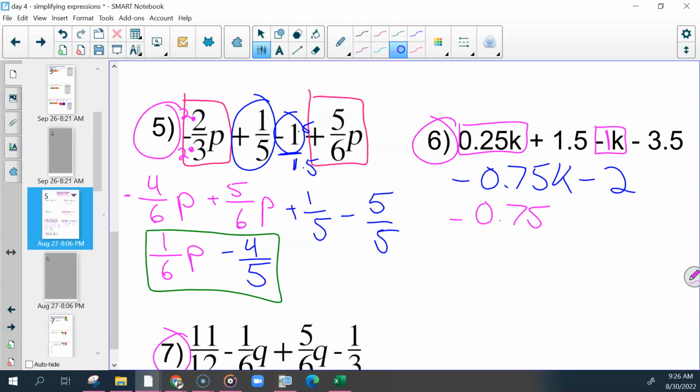And then because these both have a k, we put that at the end. Then these two constants would also be like terms, because they don't have a k. And we could take this positive and subtract 3.5. So 1.5 minus 3.5 would give us 2.